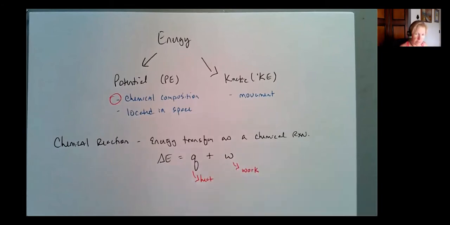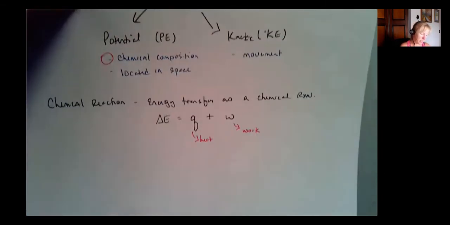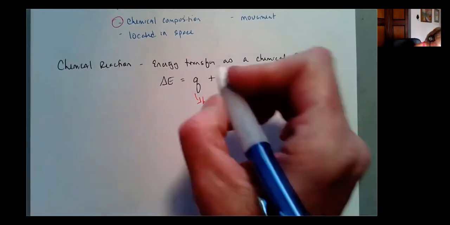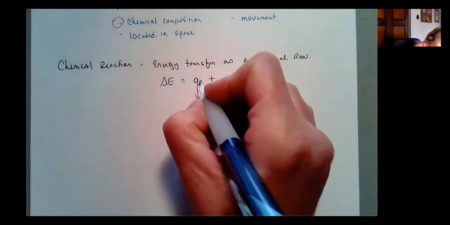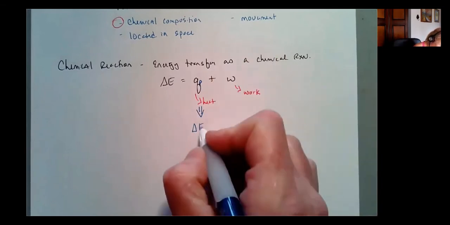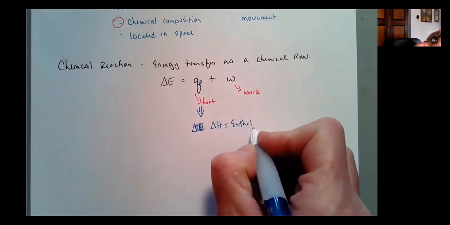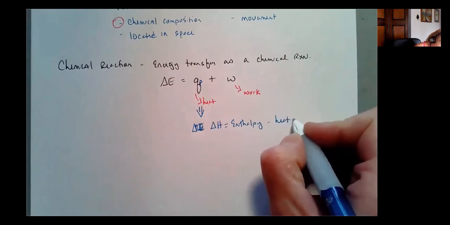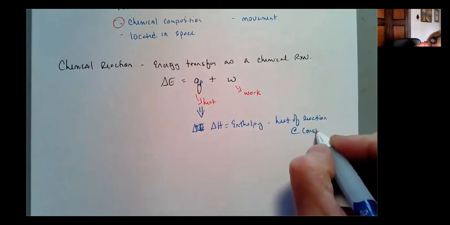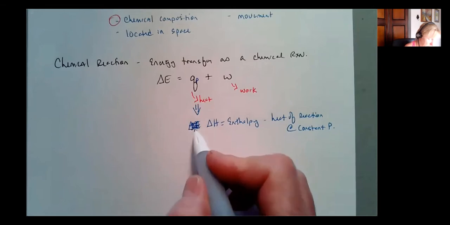And then we further went in and said, okay, if I'm looking at a chemical reaction occurring at constant pressure, so I have Q at constant pressure, then this whole term becomes delta H, which is enthalpy. So this is the heat of the reaction at constant pressure. Okay, so the heat of the reaction at constant pressure, that's going to be my heat.